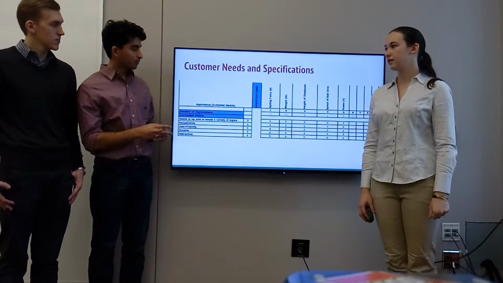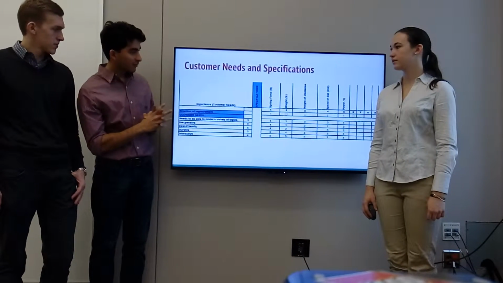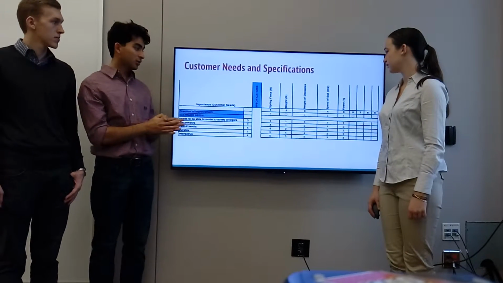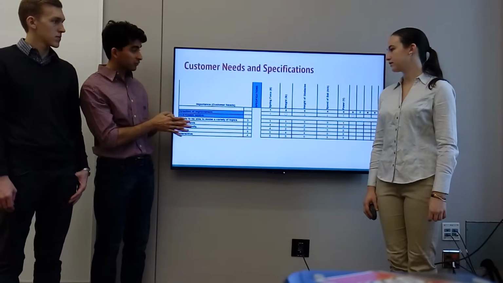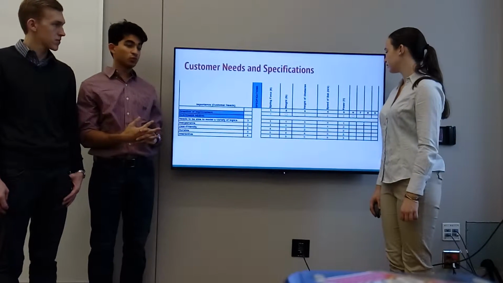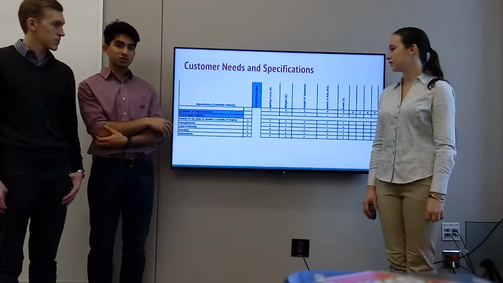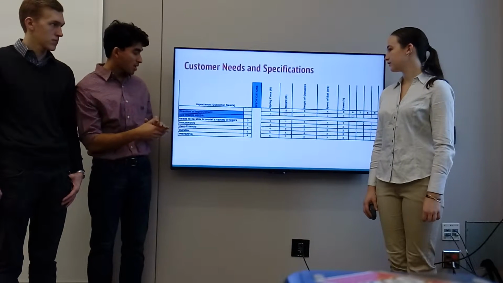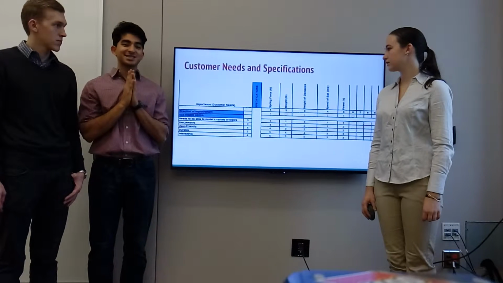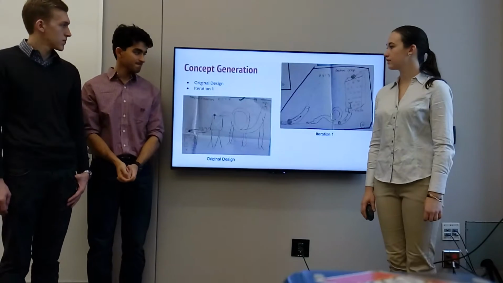We also have 5 specifications which include the spring force and the height and speed, which we correlated with the customer needs to better understand which specifications we need to focus on.